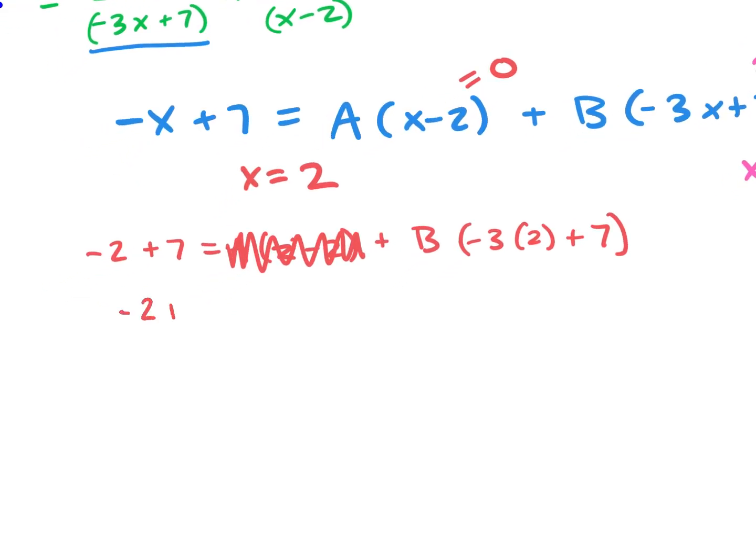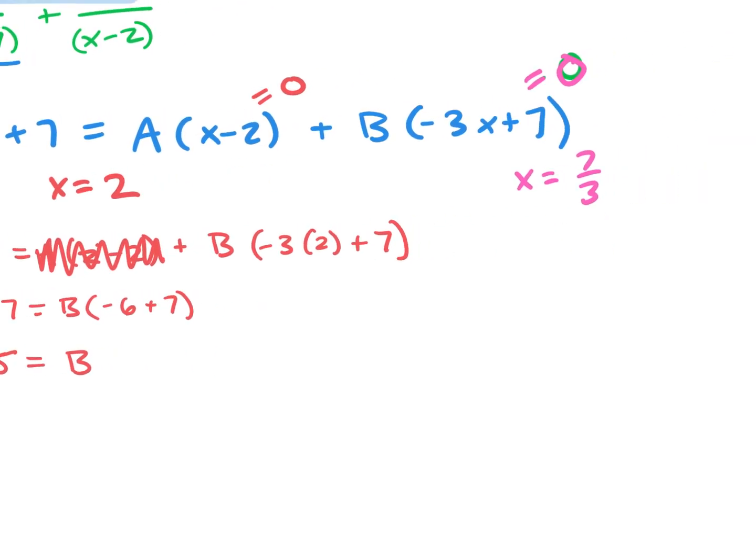I have negative 2 plus 7 is equal to b times negative 6 plus 7. What's negative 6 plus 7? 1. And negative 2 plus 7 is 5. So 5 is equal to b. So next, I'm going to plug in 7 over 3.